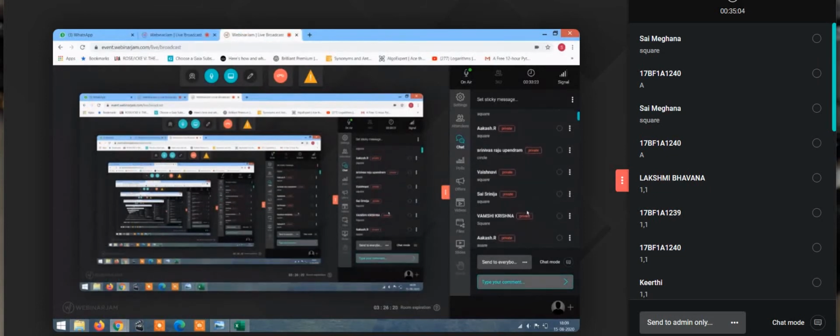I'm getting rectangular. Guys, don't confuse people. Okay. There is no rectangle here, guys. It is square.